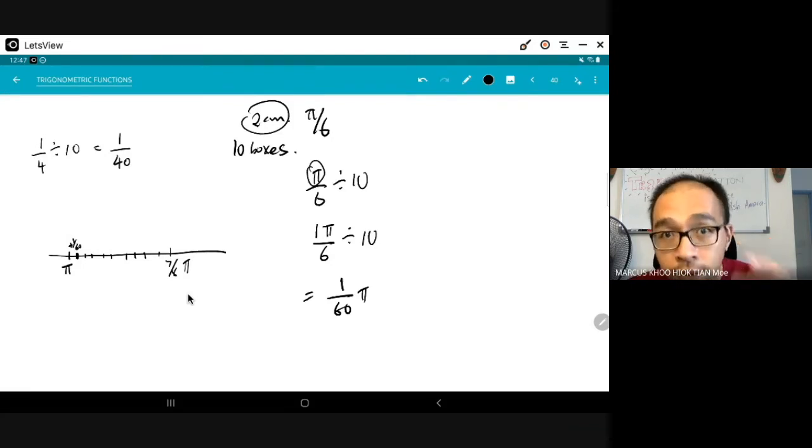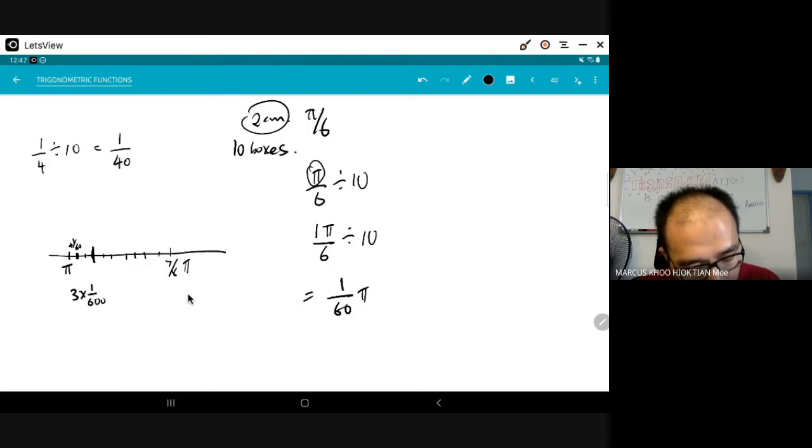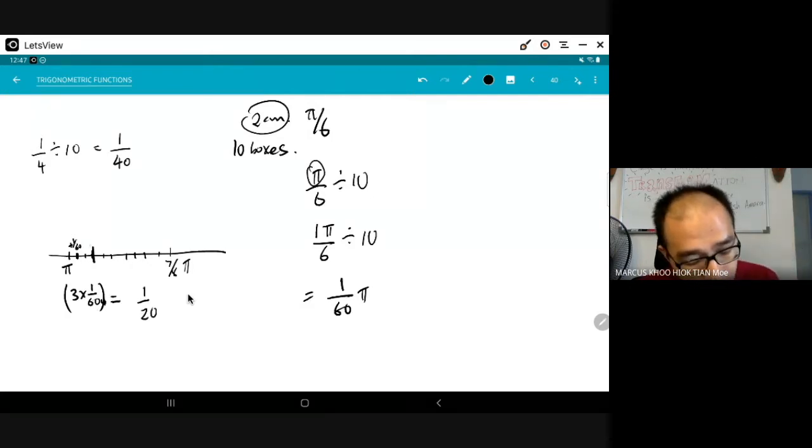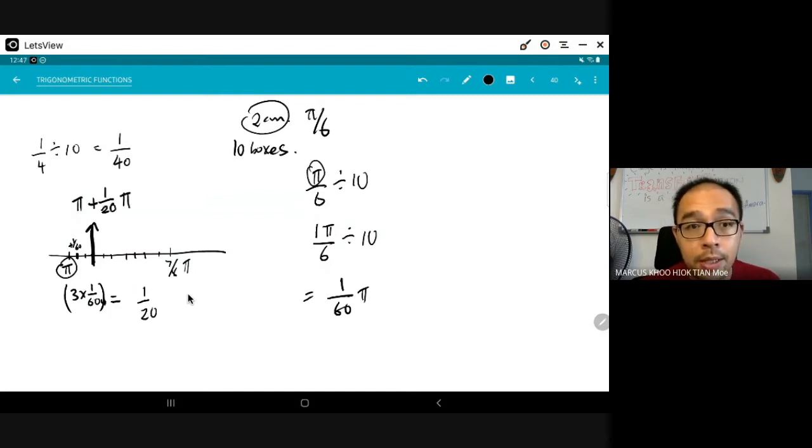So in Fadila's graph just now, the intersection was at the third box, so the third one here. So this is 3 times 1/60, which will give you 1 over 20. Okay, so the reading over here is pi plus 1 over 20 pi, because it is the third box. And that's how he got 21 over 20 pi.